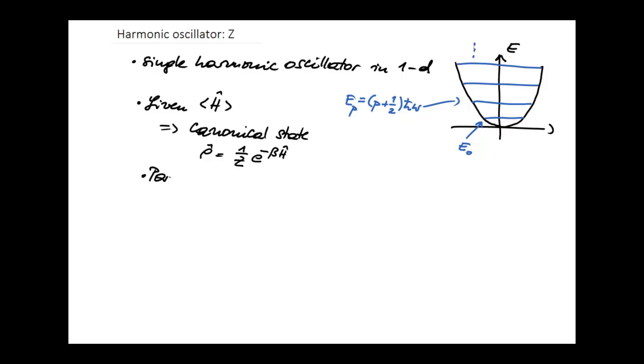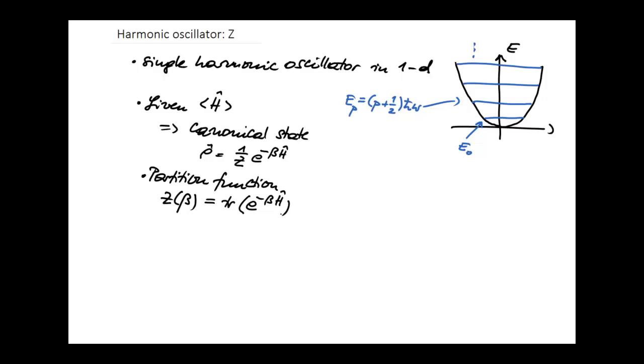The partition function depends on the Lagrange parameter, which in this case is only beta, and it's defined as the trace of e to the minus beta Hamiltonian.